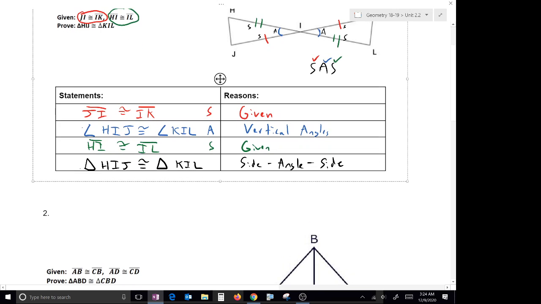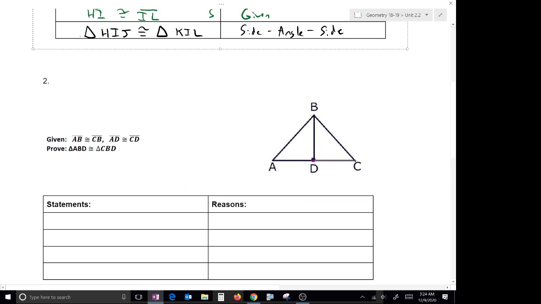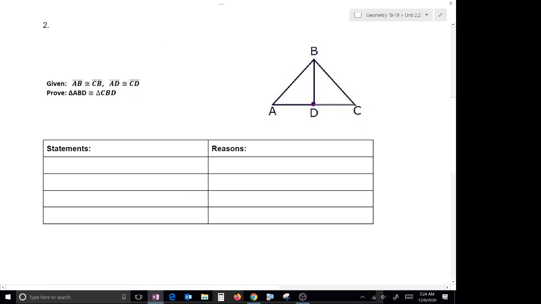Let's take a look at number 2. Alright, for this one, again, we're going to start out marking on our picture. We have AB is congruent to BC, so I'm going to mark that with tick marks. I also have AD congruent to CD, so mark that.